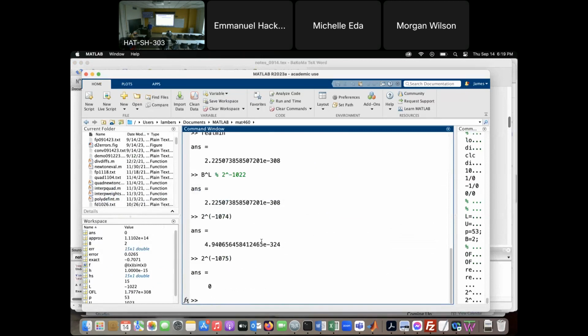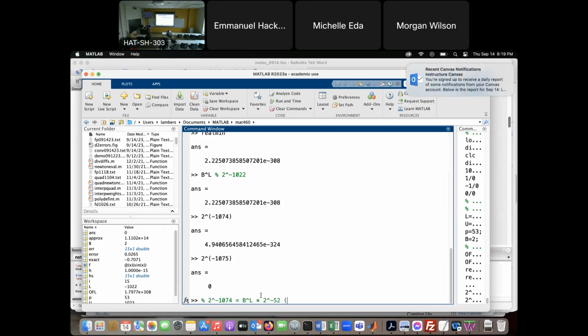It's too small. So the idea here is that 2 to the minus 1074 is equal to your base 2 raised to the smallest exponent times 2 raised to the minus 52.